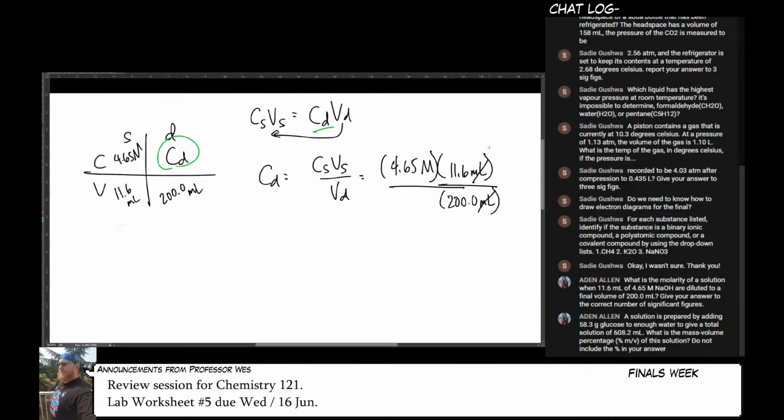And you'll notice that the volume units cancel out, so I will end up with molarity. And my concentration that I calculate is that. So just like the problems we did in class for that section, but I made you solve for a different variable.